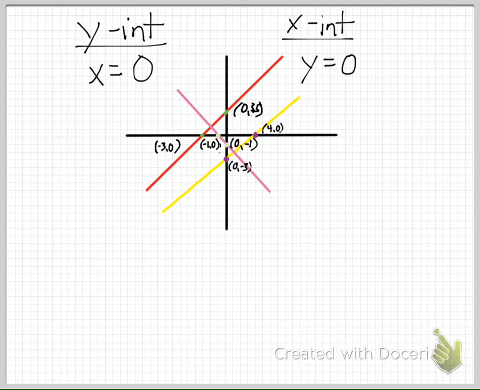Now, what that means for us as far as graphing goes, if I wanted to graph something using my x and y intercepts, if I give you an equation, let's say 7x minus 2y equals 6.